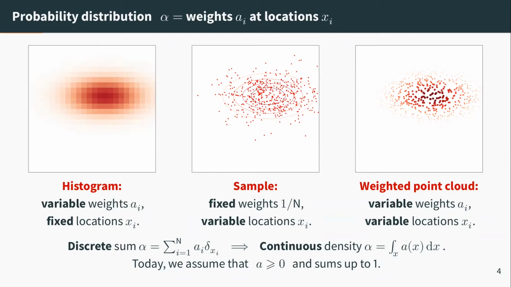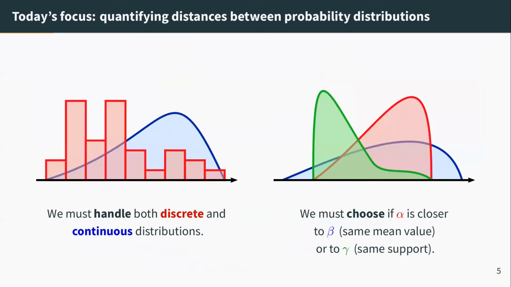It's a bit of a disclaimer that we're trying to keep things simple today to focus on the geometry, not on the technicalities. Now, today's focus is going to be on quantifying distances between those objects. Not on quantifying distances between points, but on defining distances between probability distributions.